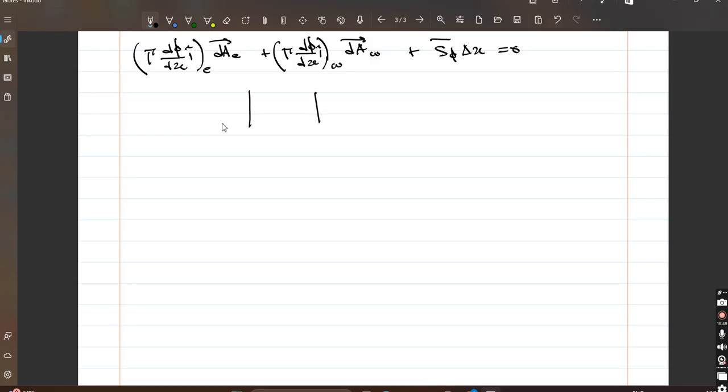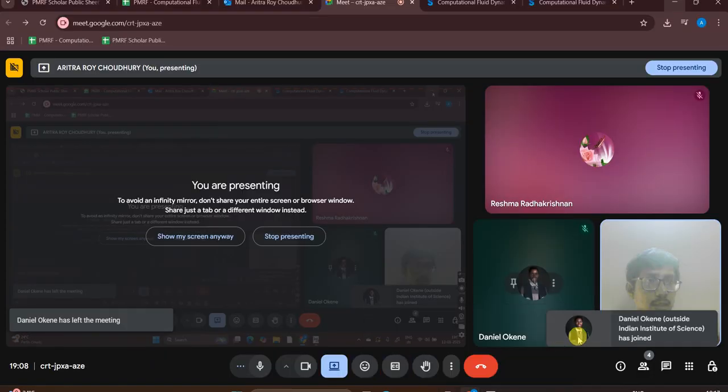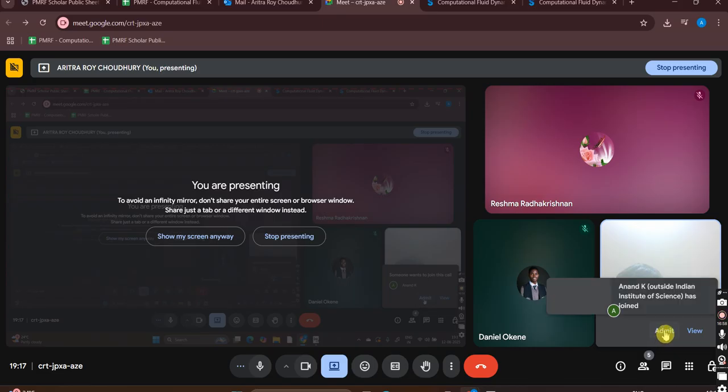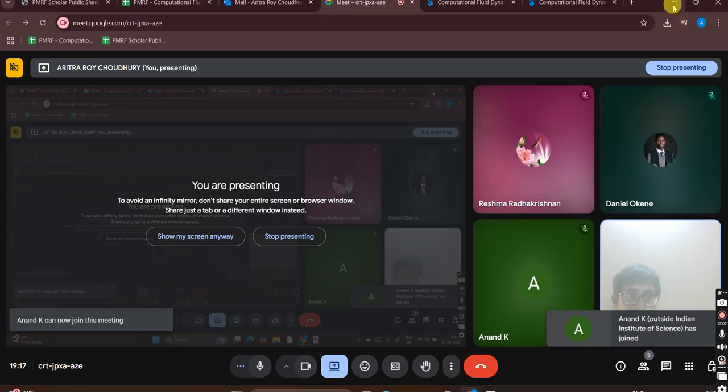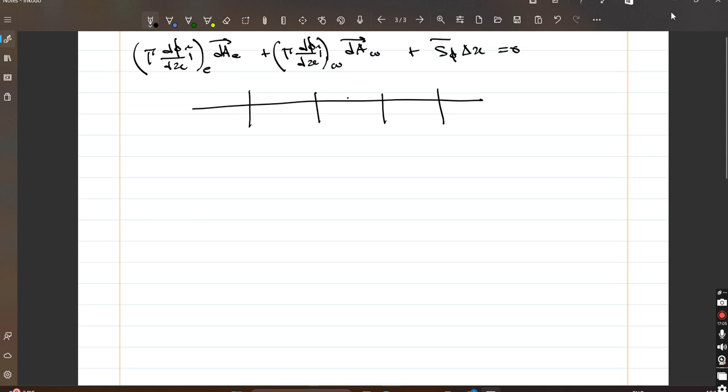And this is our domain. So this is P, this is west, this is east, and this is delta x, which is the volume, and this is the area. The area magnitude is 1. Okay, this is the small w boundary and the small e boundary.